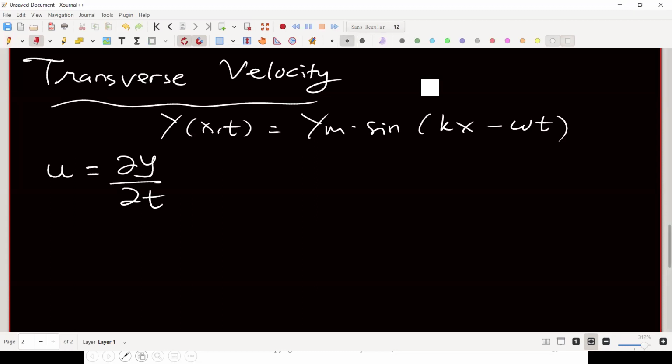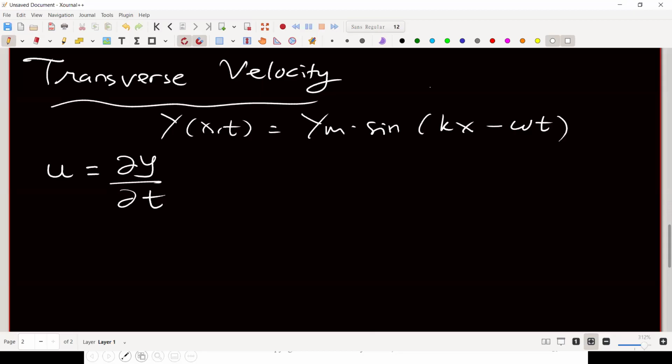Why do we use this one? Since in this function we have two variables, x and t, but in this case we only take the derivative with respect to time, not x. Have you seen this in calculus or basic mathematics?